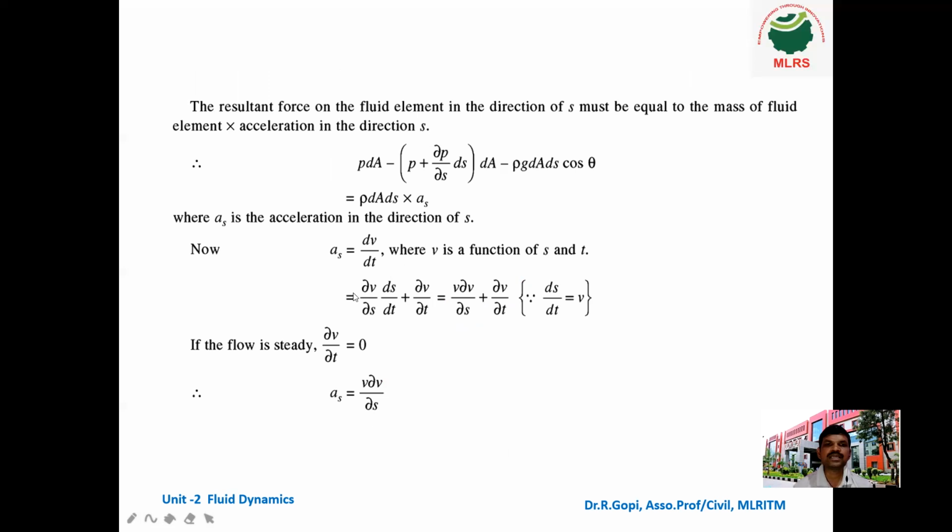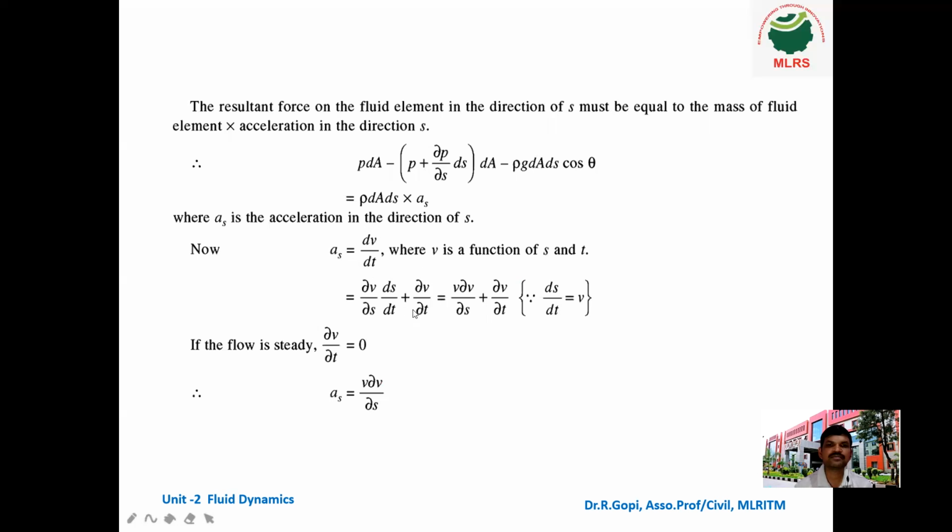Okay, so now I am rewriting this equation like this: ∂v/∂s into ds/dt plus ∂v/∂t. So this velocity along the direction of s, and ds/dt, plus ∂v/∂t.